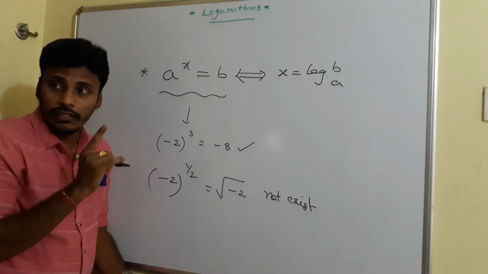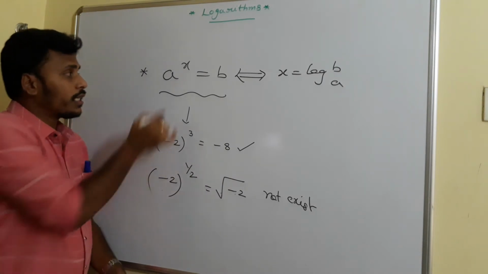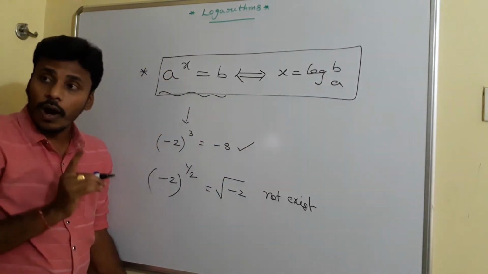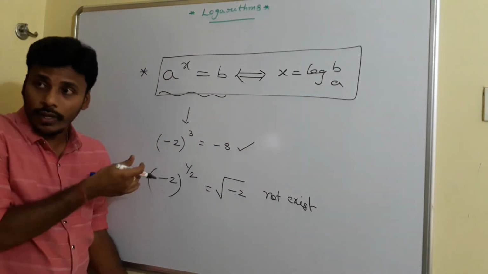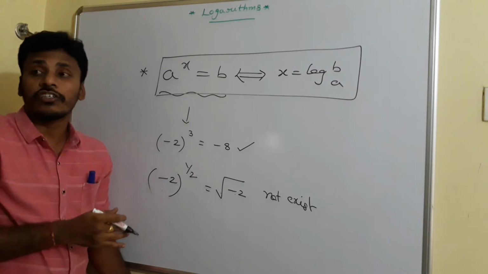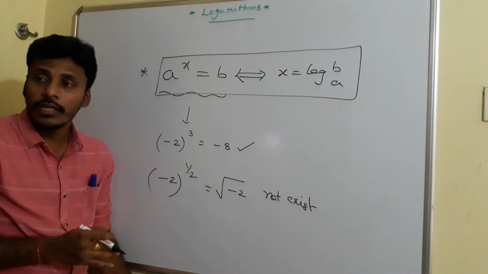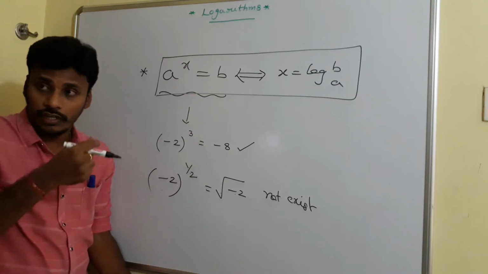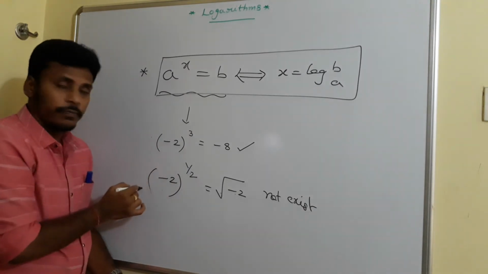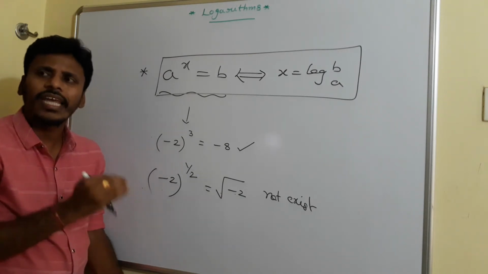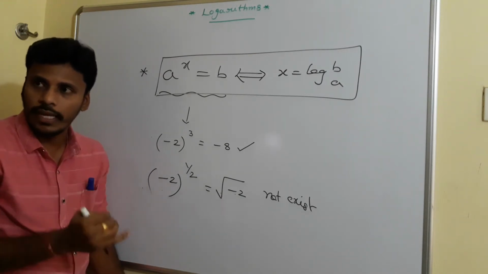Once again, just observe here. This is the basic conversion from logarithms to exponents. Now what I am discussing is the restrictions regarding a, x and b. To find out those restrictions, I started here. If the base is a negative number, you may take any negative value like minus 2, minus 3, minus 4.